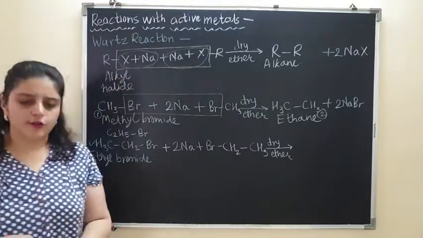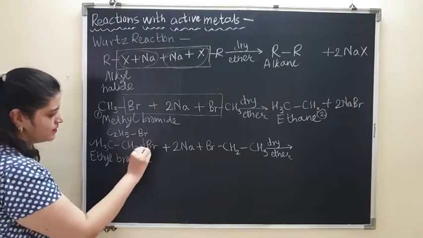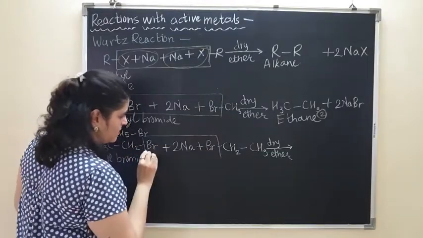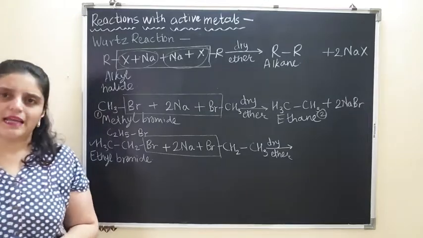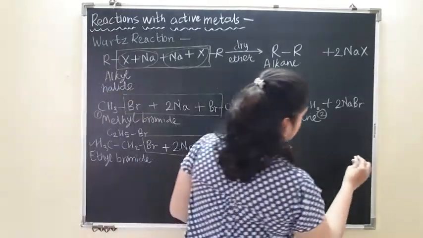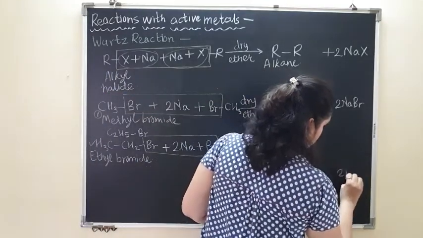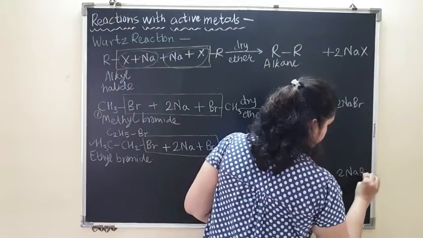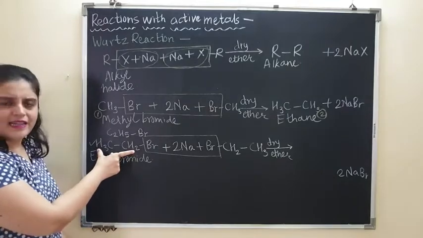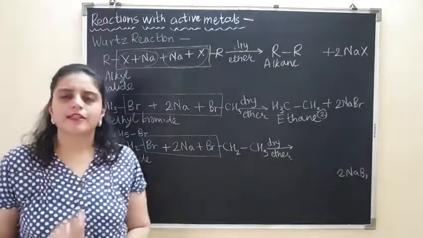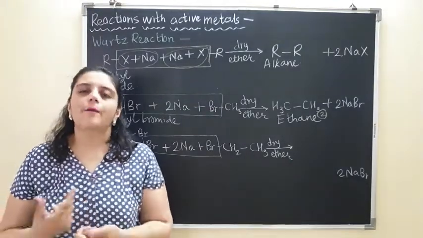So now what is going to happen is this. Like this, sodium bromide, 2 times NaBr, will be formed. Now this CH3CH2 and CH2CH3 will form a higher alkane.